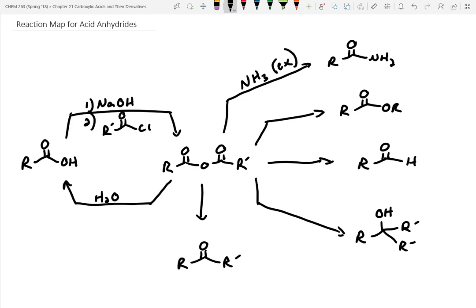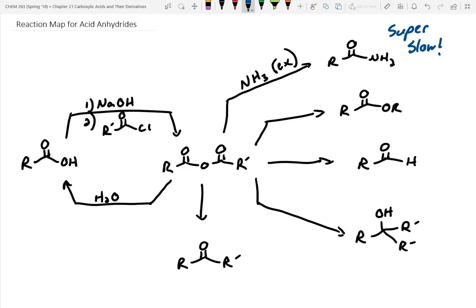However, they show this in the textbook, and I don't really like this reaction, so I'm going to put, this is super slow. It's not a very good reaction to carry out, and like I said, there's a lot of other reagents available that do this much easier and much faster.